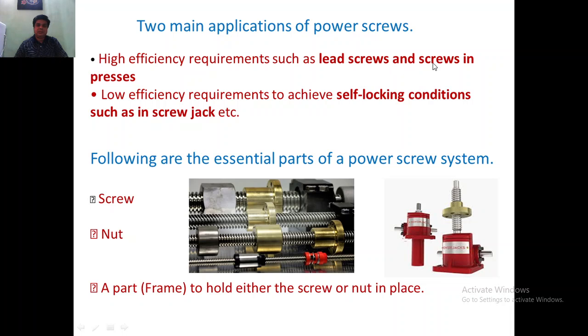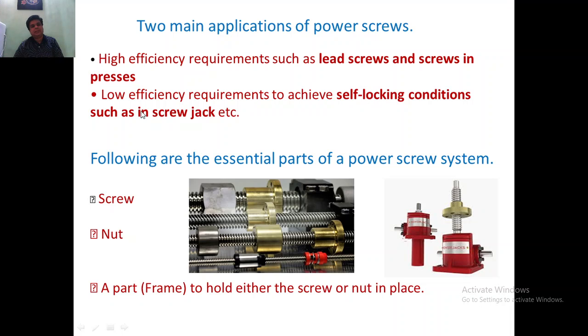Here, lead screws and fly presses are called high efficiency elements, where the load or torque applied is used to apply the loads or to move the loads. And in some applications, the power screw is used to hold a particular amount of load or force. That kind of holding of the load is called a self-locking condition.